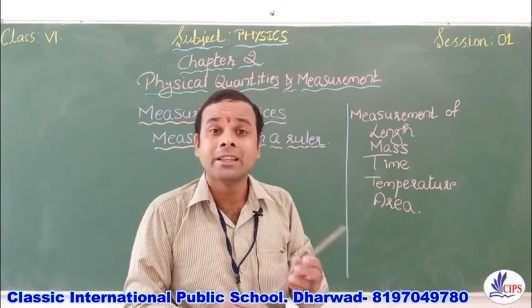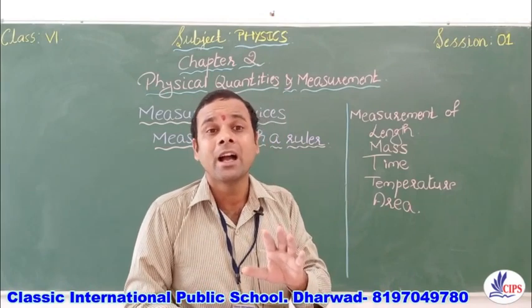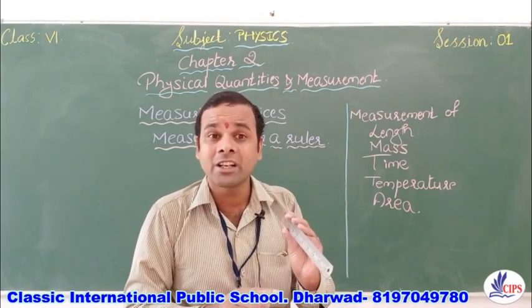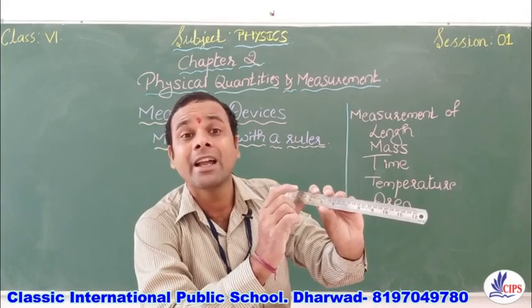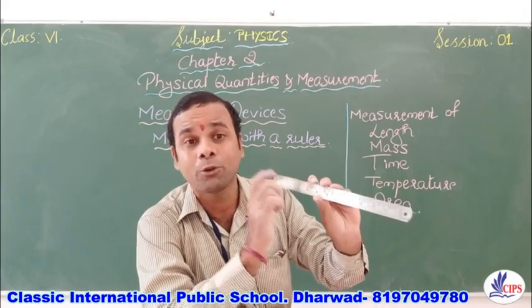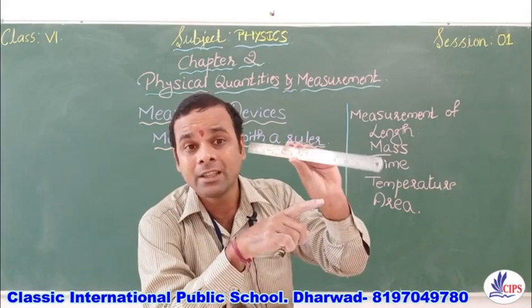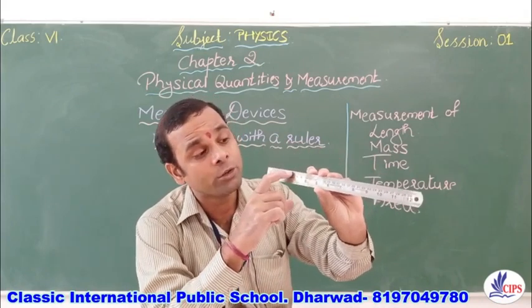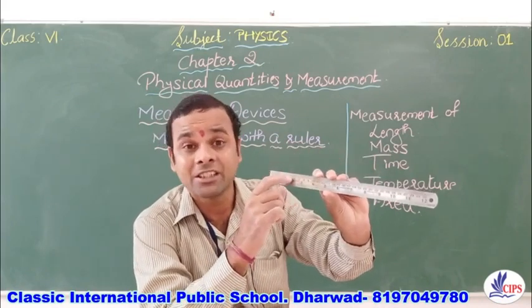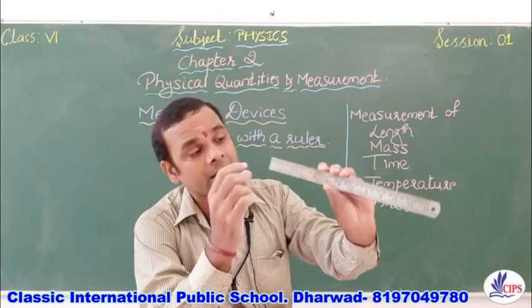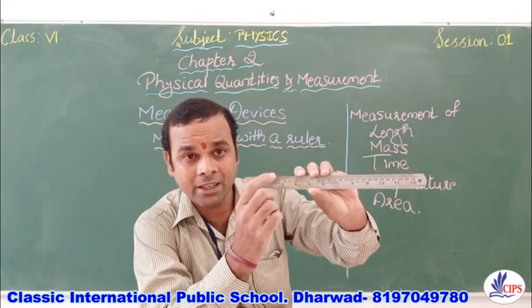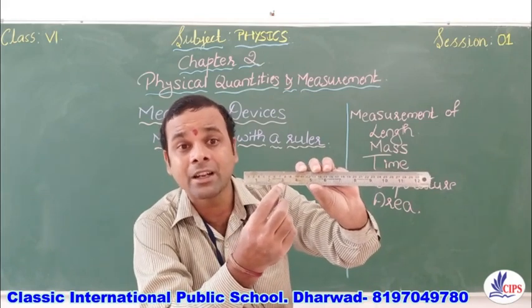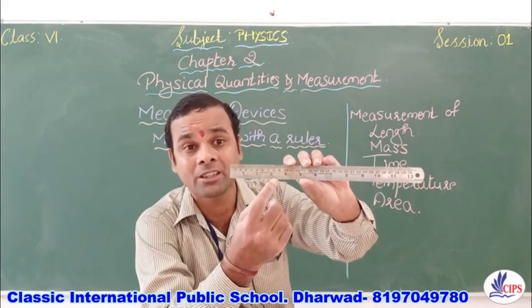These rulers are used for measuring, and units are mentioned at the edges. If you want to measure using these rulers, you need to measure from the edges. Units are mentioned there, right? Here there is one scale, and down there is a different scale for measurement.